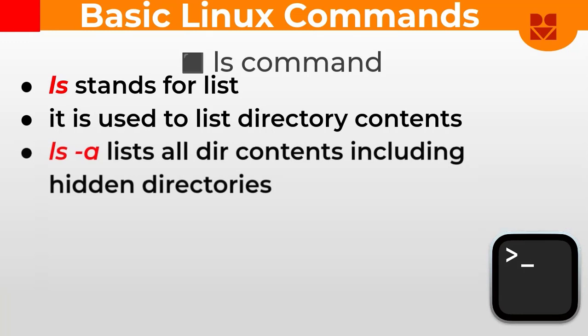In Linux, if you see a dash before any letter or alphabet, it means an option. So you can use the a option with the ls command to list all the contents in the directory, including hidden directories. There could be some folders inside your current folder that are hidden, so you use the -a to reveal all of those for you.